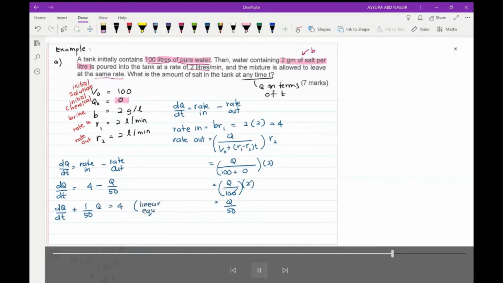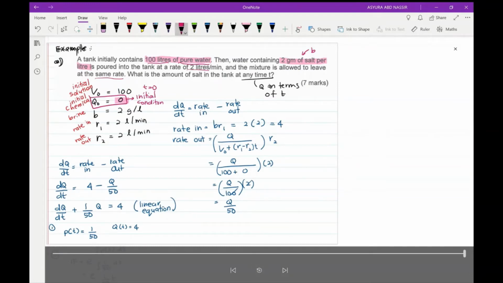So this is in the form of a linear equation. We have P is 1/50 and Q is 4. So where is the initial condition? The initial condition is when t equals 0, so your initial condition is Q0 equals 0.